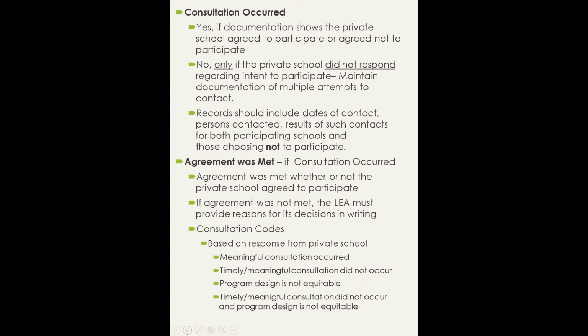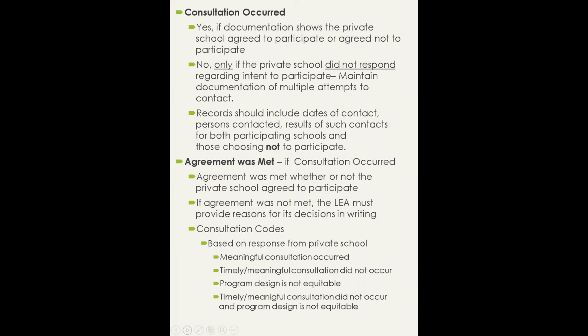It's just that you did what you did, they didn't respond. You need to maintain records with dates of contact, who you contacted, and the results, for both those who participated and those who didn't. But if they didn't respond, you can't say that consultation occurred, even though you did what you needed to do.